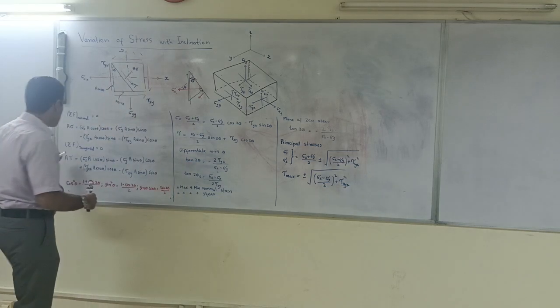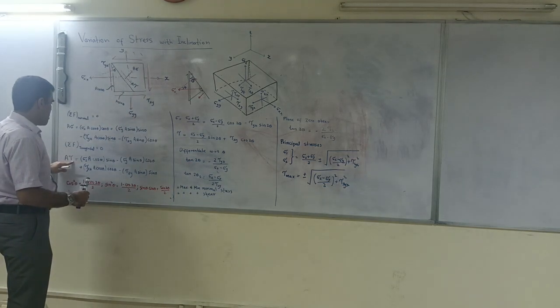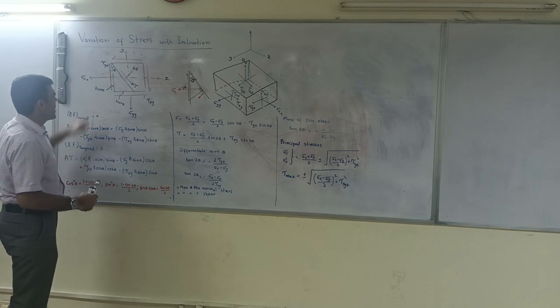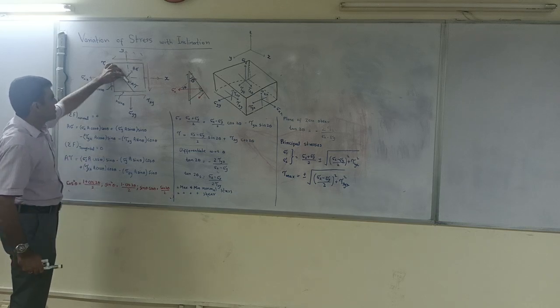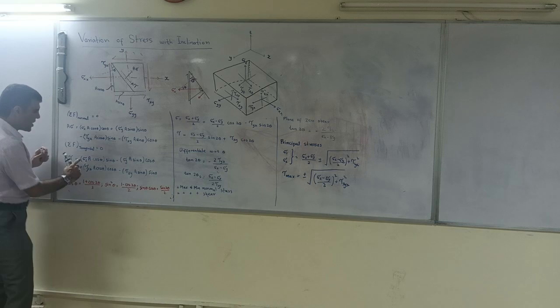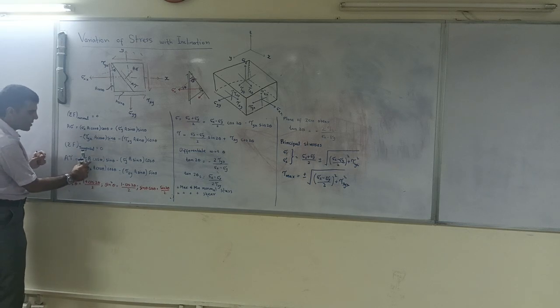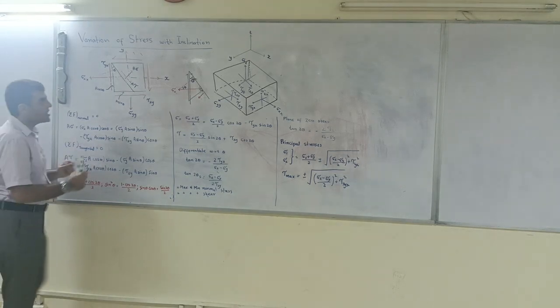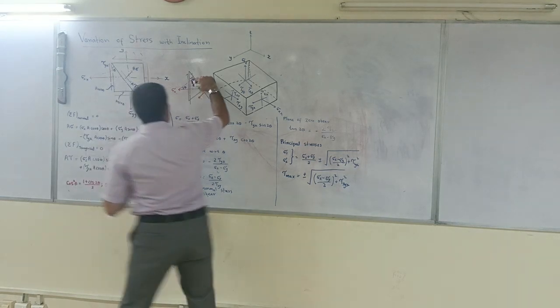The tangential tau should be in this direction. Okay, so stress x times A into cos theta. Why cos theta? Because again the area, and then this one is sine theta.